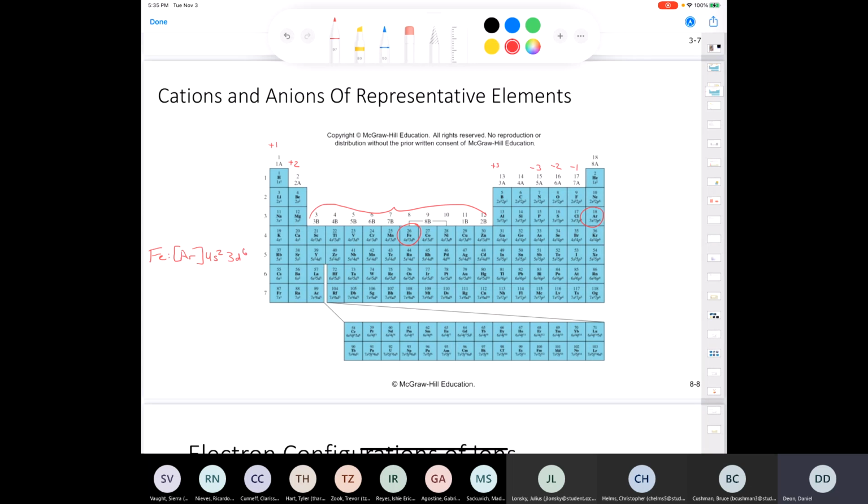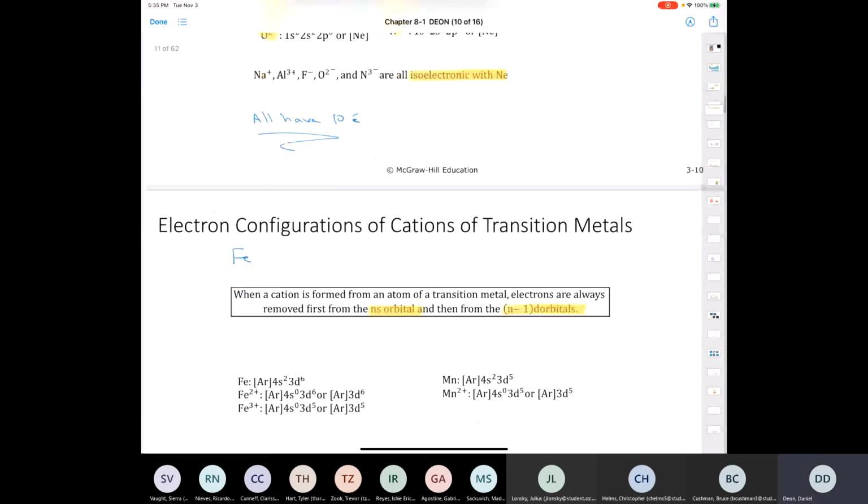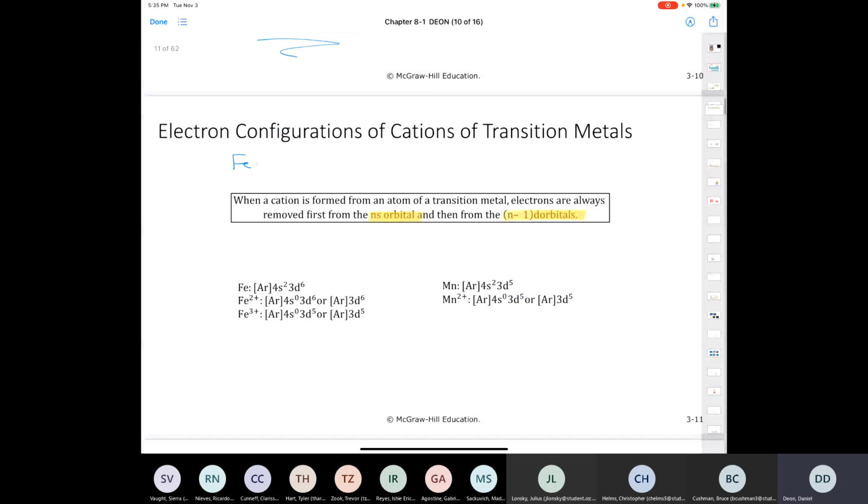Now, if we want to make an iron cation, because metals lose electrons, it might be a knee-jerk reaction for you to say, well, the last electrons that we put in when we wrote out that electron configuration were the d electrons, weren't they?